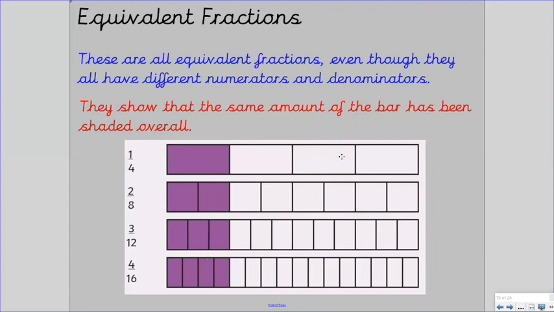In this top bar here, 1/4 has been shaded. The next bar, 2/8 has been shaded. The next bar, 3/12, and the final bar, 4/16 have been shaded. Now a quarter, 2/8, 3/12, and 4/16 are all equivalent.